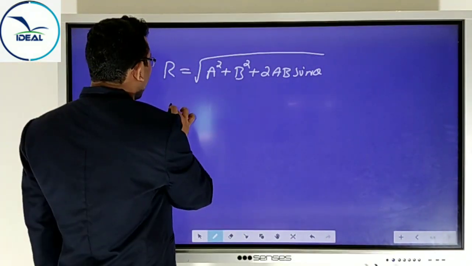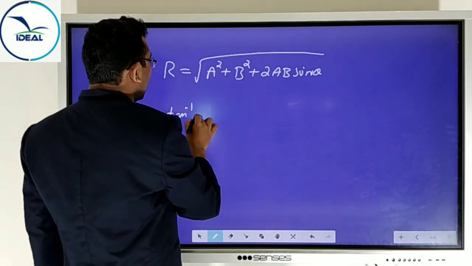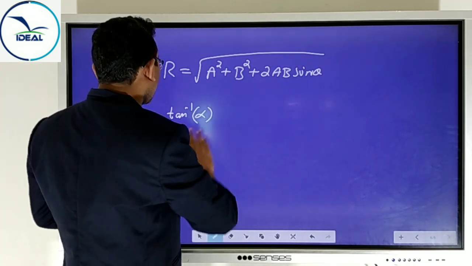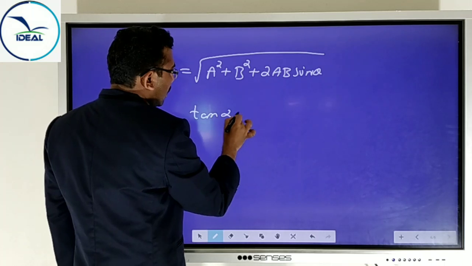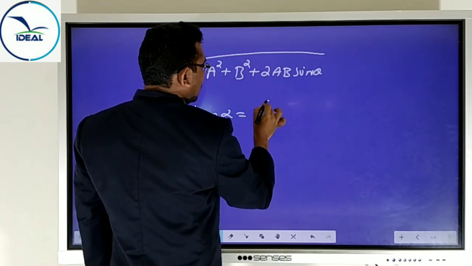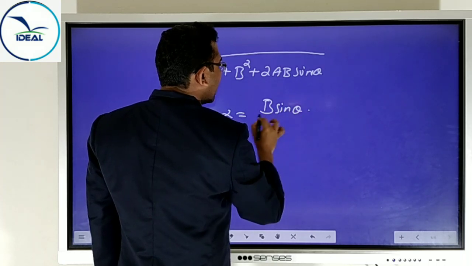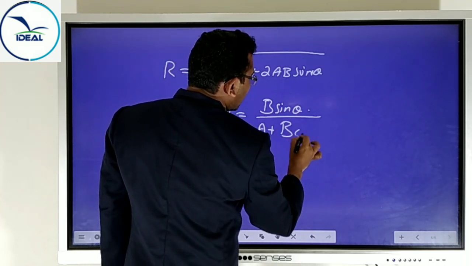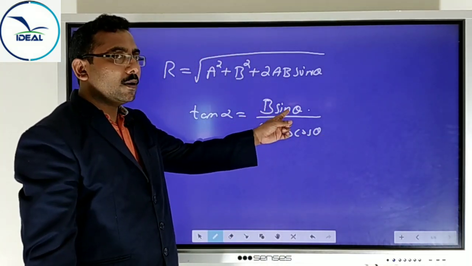Then, if you are asked the direction, you find tan inverse. If you feel difficulty with tan inverse, you can write tan alpha and you still get the mark. Tan alpha is equal to B sin theta by A plus B cos theta.